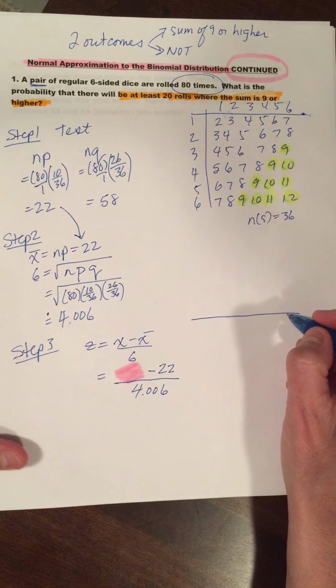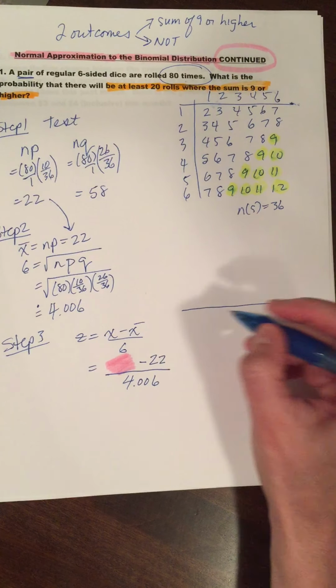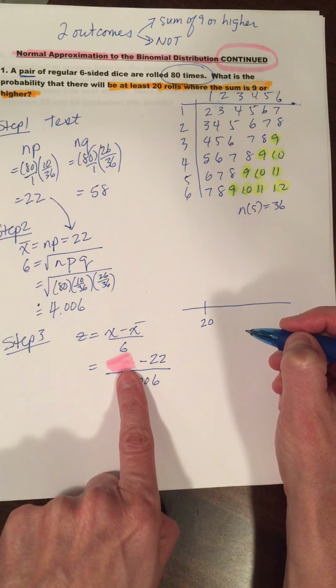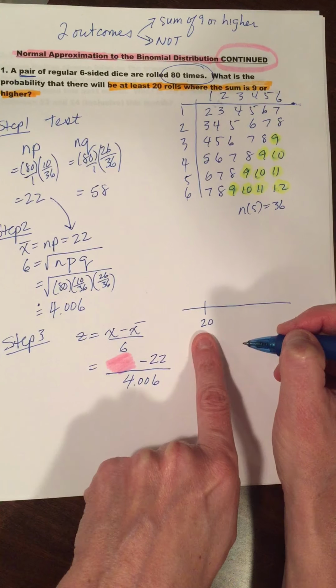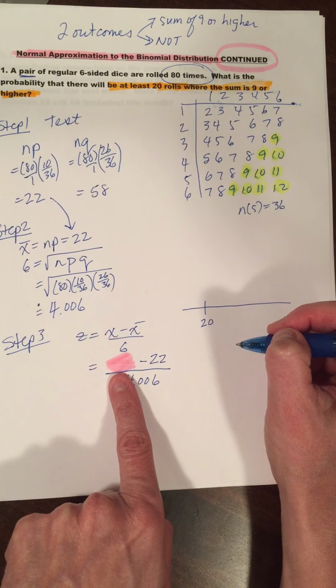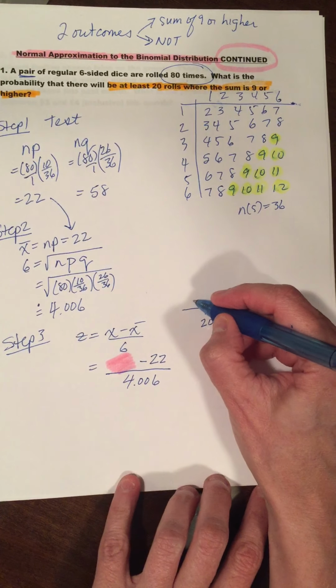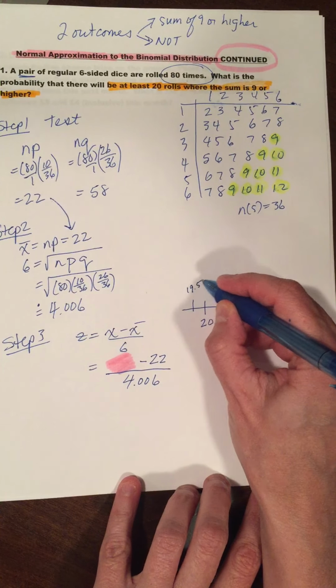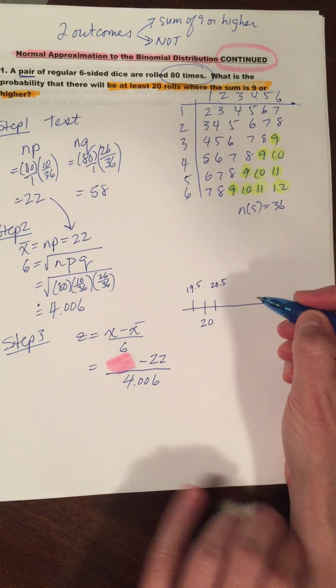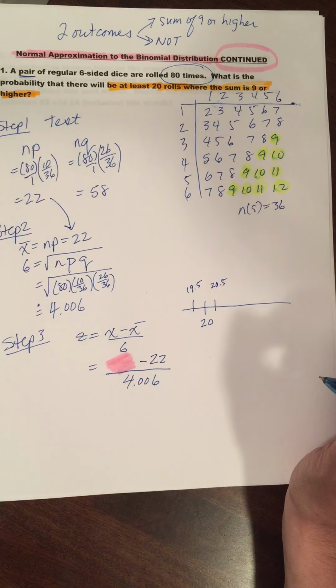Now, I tend to like to draw the line, and it says at least 20. I know I can't use 20 there because 20 is a discrete value, and this formula only works with continuous data. So I know that I've got the choice of the interval between 19.5 and 20.5.